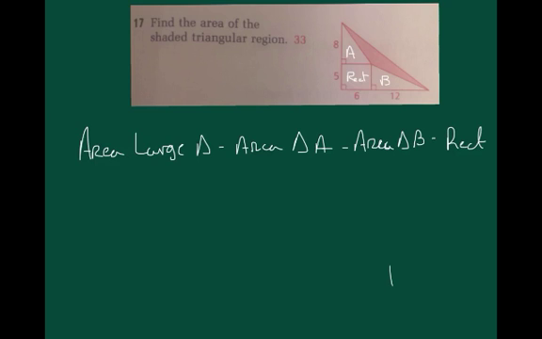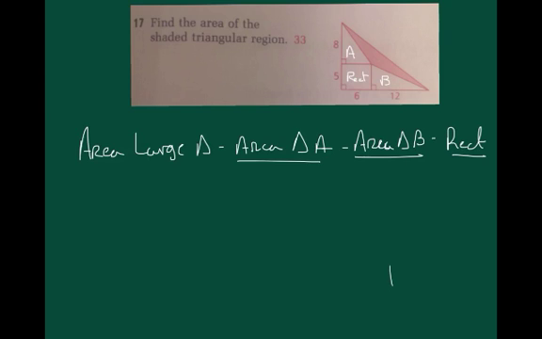Okay, so I'm going to break the large triangle up into sections. We have the shaded section. We have what I've called triangle A, triangle B, and the rectangle. If I subtract the area of triangle A, triangle B, and the rectangle from the large triangle, all that's left is the shaded. So that's what I'll do.